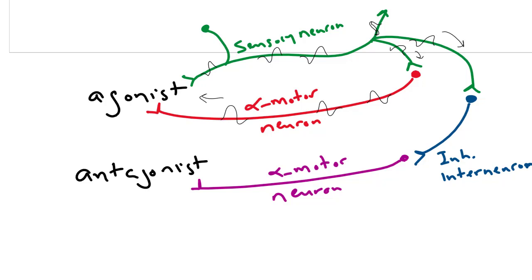Lead to the contraction of the agonist muscle, whereas here the inhibitory neuron is excited and you have an action potential traveling down, but this is going to release inhibitory neurotransmitters in this synaptic connection right here, and this will lead to this alpha motor neuron right here being inhibited, and thus there's no action potentials flowing down this alpha motor neuron, so the antagonist muscle will not be contracted. And that is the circuit.